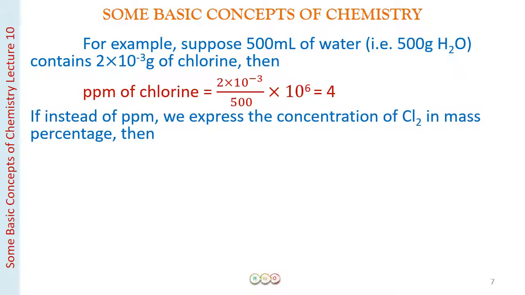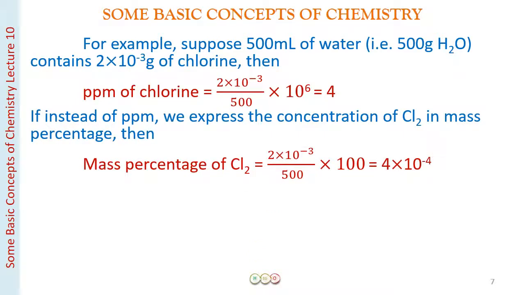Now instead of ppm, if we express the concentration of chlorine in mass percentage, then it would be 2 into 10 power minus 3 divided by 500 into 100. So in ppm it is 10 power 6 and here it is 100. And this you will write as 4 into 10 power minus 4.